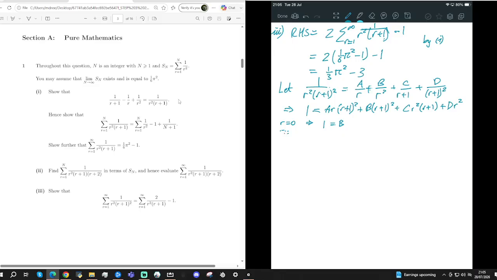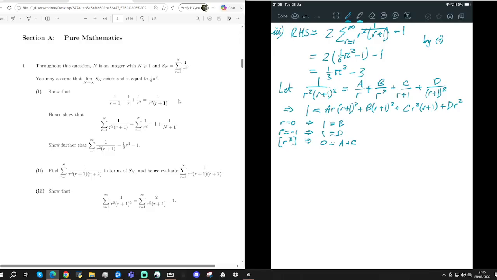I can let r equal -1. The -1 is going to get rid of the a, the b and the c terms, so 1 equals d. And now I need to be clever. So if I look at the r cubed term, there's no r cubed on the left. We're going to get an a and a c.